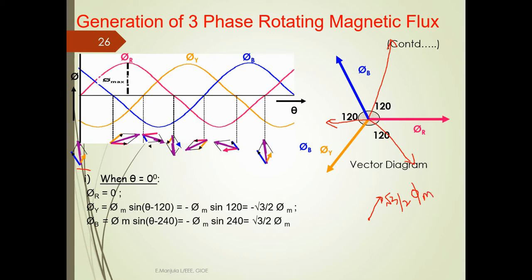Okay, and here phi b is root 3 by 2, it is positive only, so this will become root 3 by 2 phi maximum.